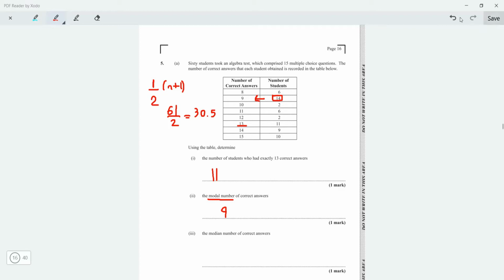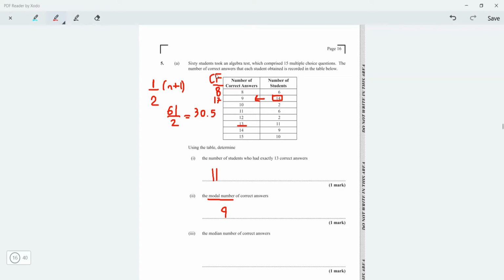So the median score is going to be, how many 8s are there? You have 6 8s, right? So I'm just going to add a cumulative frequency table. 8, and then 8 and 9 would be 17. And then 17 and 10 would be 27.